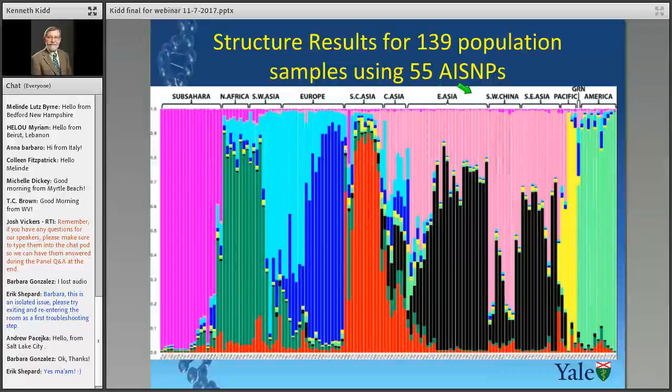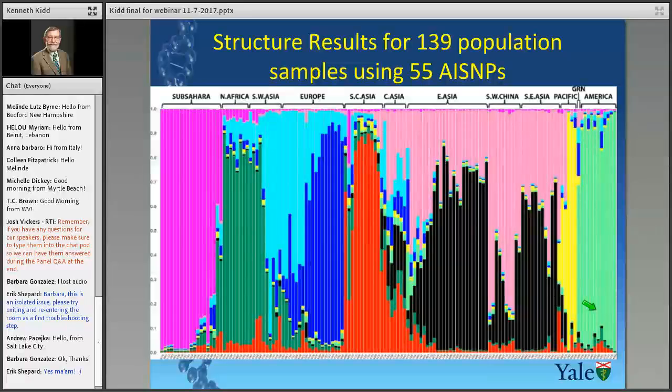There's not a good definitive definition of different groups in East Asia with different colors, but clearly there's a propensity for different frequencies.